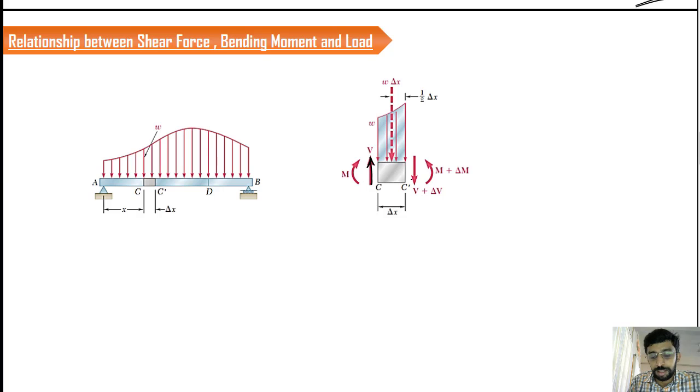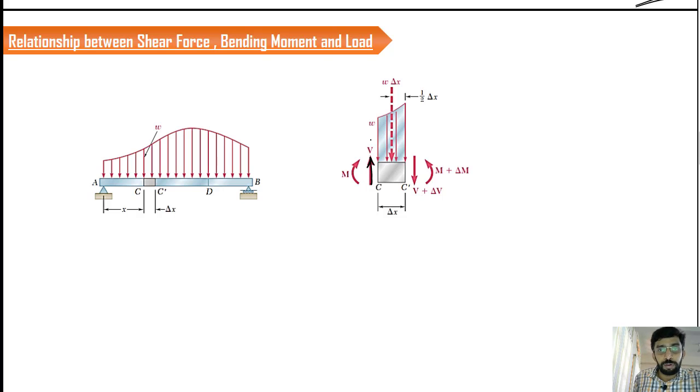And if you consider section C dash, there will be a variation for the shear force, that is represented by V plus delta V. And obviously there will be a variation in the moment also. So the initial fact that we have discussed is satisfied here. That means the value of shear force is going to change from section to section. Similar is the case of moment.